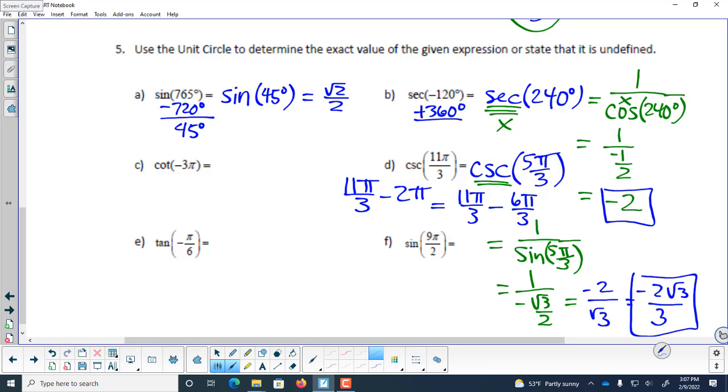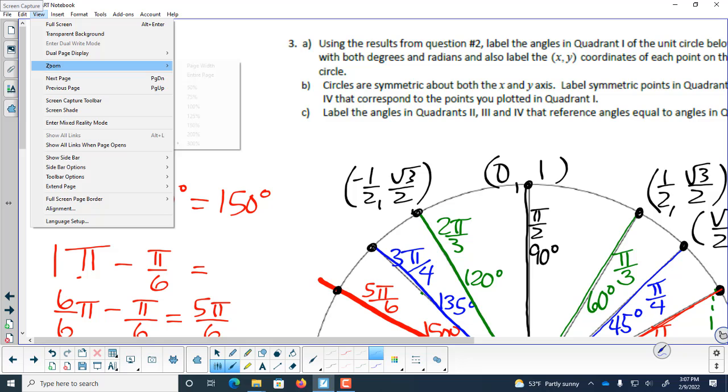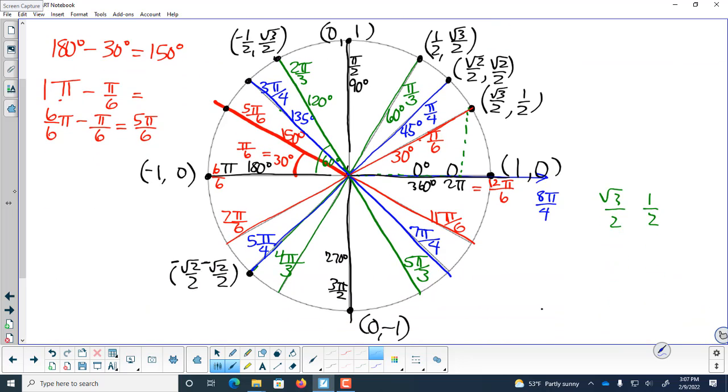So let's say tangent of negative pi over 6. Do you need to turn that into a positive coterminal angle? Maybe you do, maybe you don't. Hopefully you don't, especially once you get better at it. So let's look back here. Instead of going pi over 6 positive, I would go pi over 6 negative.